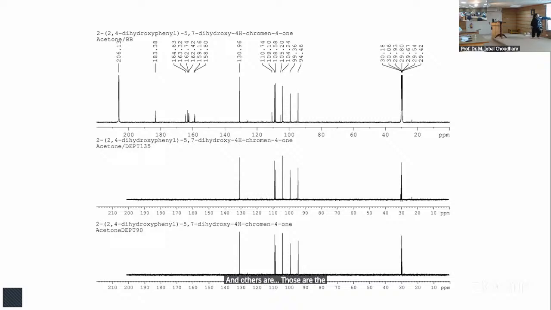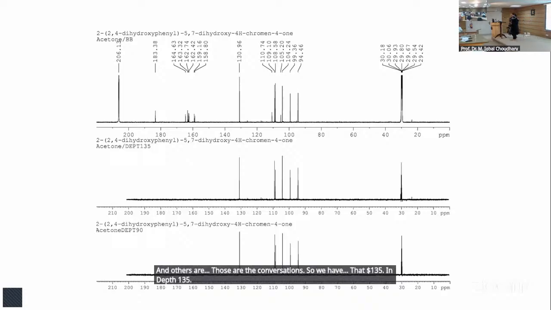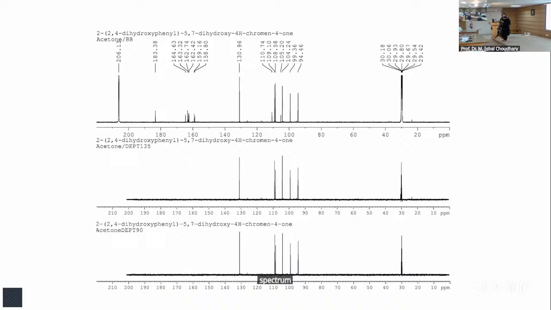So we have DEPT 135. In the DEPT 135 spectrum, all CH2s are hanging down, but there is no CH2 here. In DEPT 135 and DEPT 90, only those carbons that have a proton attached will appear. No quaternary carbon.